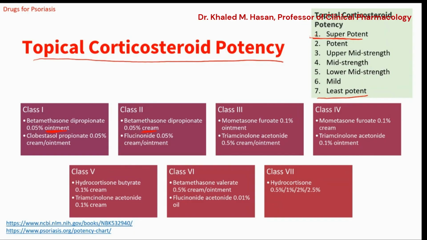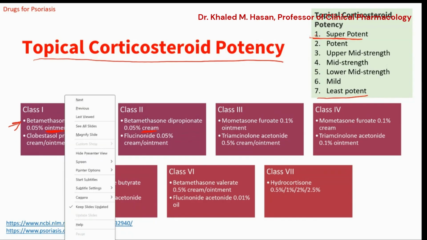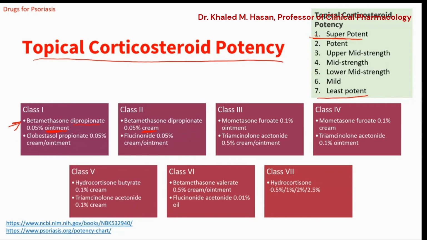This is number 1. So I will start with class number 1, the super potent. We have betamethasone dipropionate ointment, 0.05. Then what is the next medication? Clobetasol.